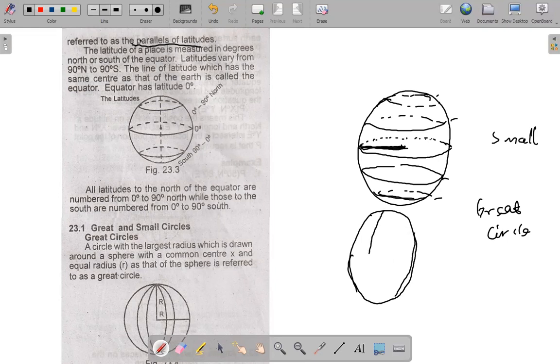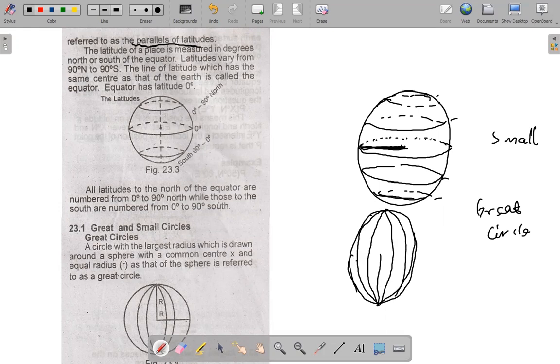So if this happens to be one of the longitudes, you agree with me that the radius of this, which runs from here to the middle, is the same thing as if I have another longitude like this and like this.